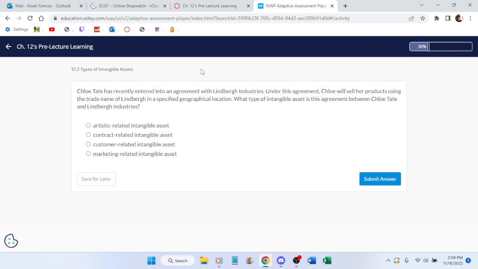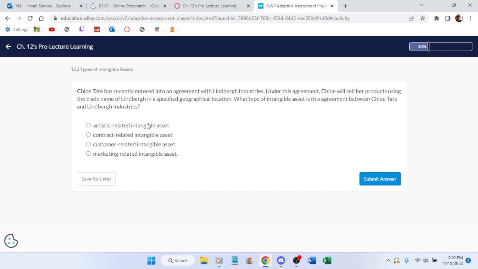Chloe Tate has recently entered into an agreement with Lindbergh Industries. Chloe will sell all of her products using the trade name.